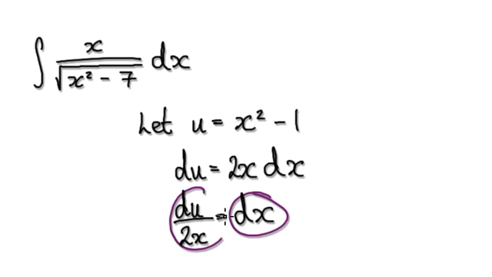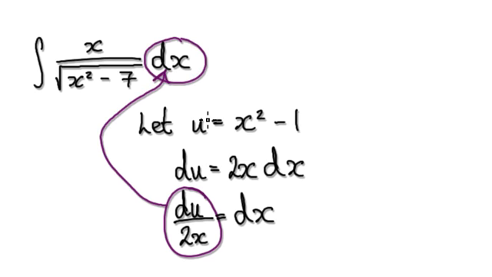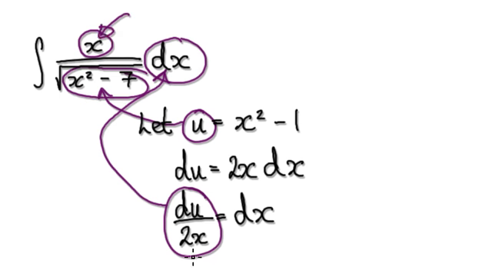So put this into the dx, and then put the u into this thing here, and then later this x here would get killed off with this x here.